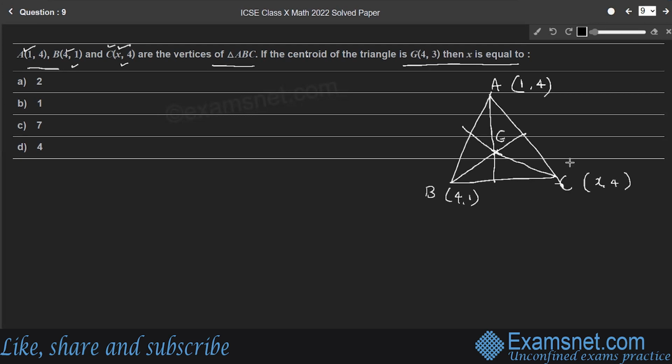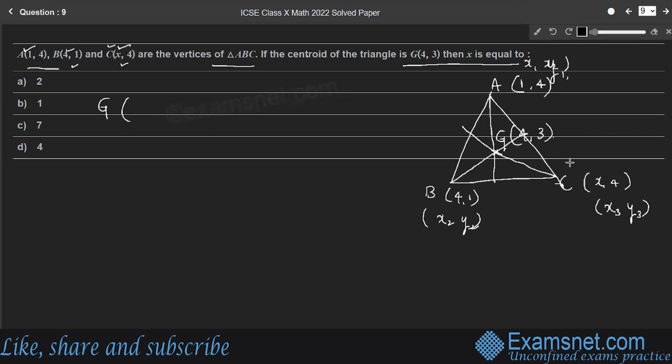So this is G, the centroid, and its coordinates are 4 and 3, right? So for the centroid of a triangle, if you consider x1 and y1 as the coordinates of one point, x2, y2 as the coordinates of another point, and x3, y3 as the coordinates of the third point, right?